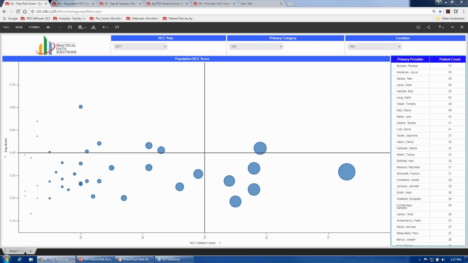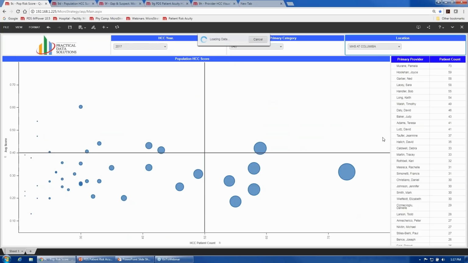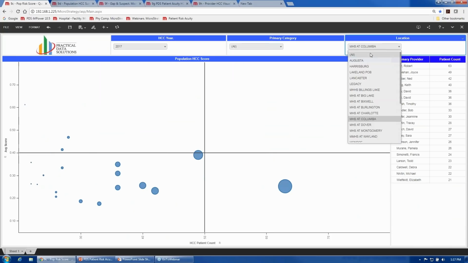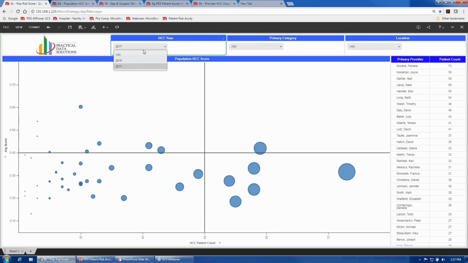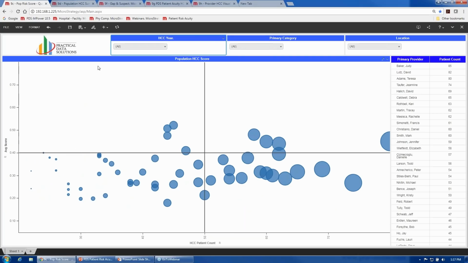What I really wanted was this type of analysis tool. So this is a bubble graph. It's divided into quadrants, and this gives me the ability to put multiple pieces of data into this quadrant at the same time. So this one actually represents the HCC patient count along the x-axis, the horizontal axis, and it has the average risk score along the y-axis or the vertical axis.